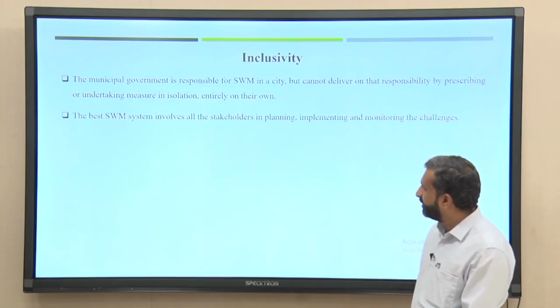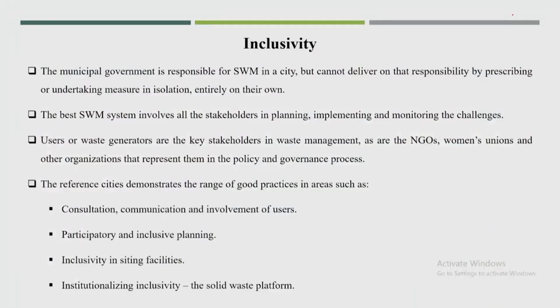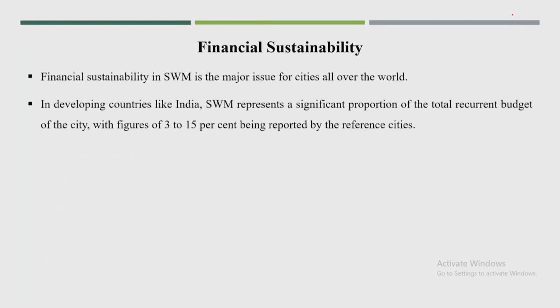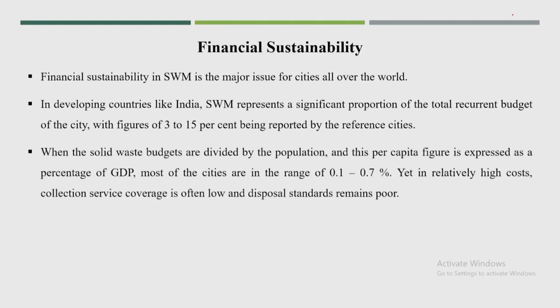The same thing I have written here, you can read this. So, financial sustainability. You can see here, in developing countries like India, SWM represents a significant proportion of the total current budget of the city, with figures of 3 to 15% being reported by the reference cities. And when the solid waste budgets are divided by the population, this per capita figure expressed as a percentage of GDP is, for most cities, in the range of 0.1 to 0.7%.